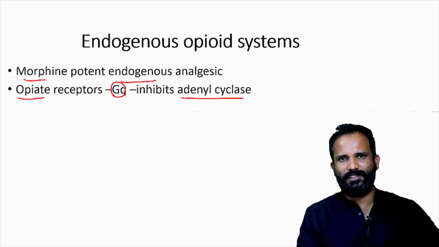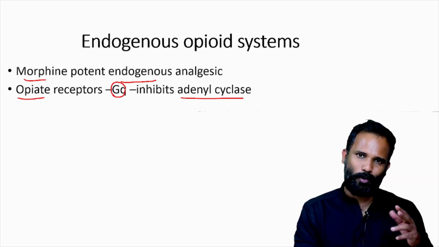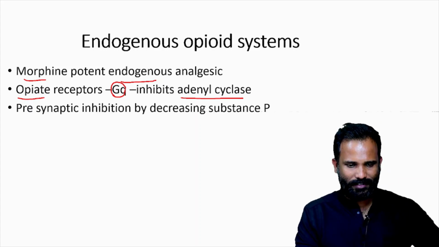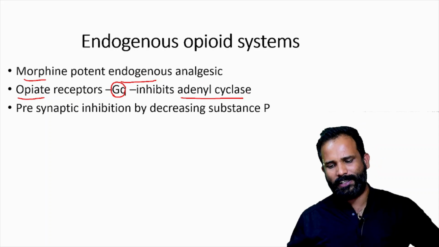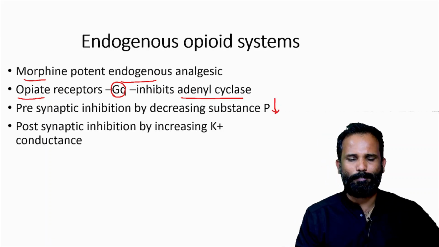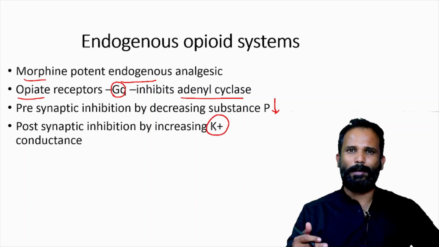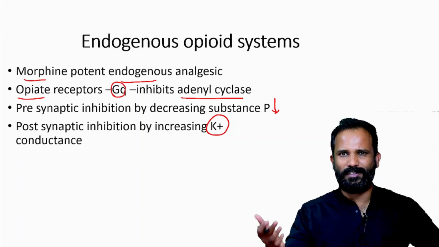Adenyl cyclase is inhibited, and this can cause both pre and post synaptic inhibition. Presynaptic inhibition is by decreasing substance P, and postsynaptic by increasing K plus conductance. So K plus conductance causes hyperpolarization, no transmission.